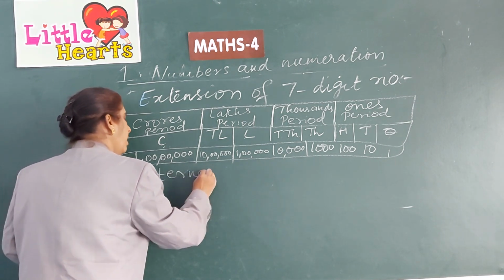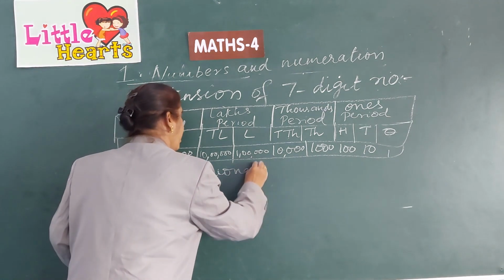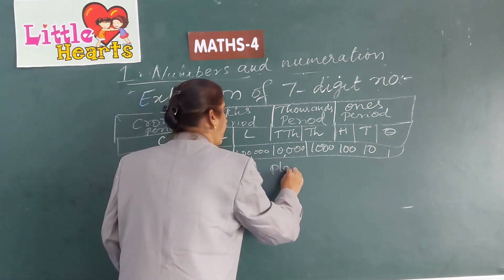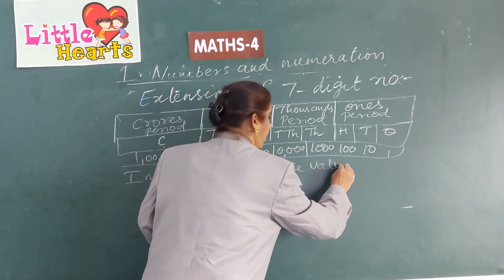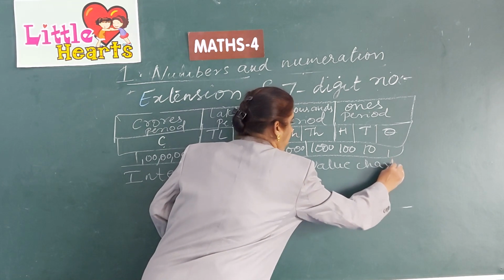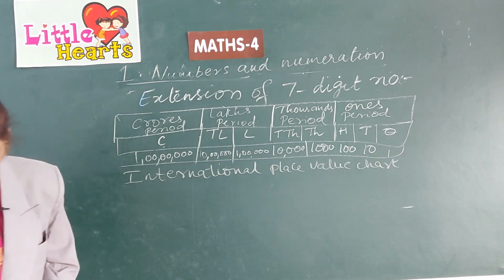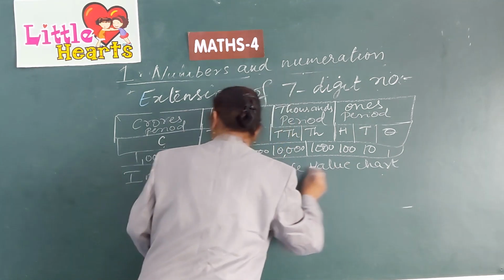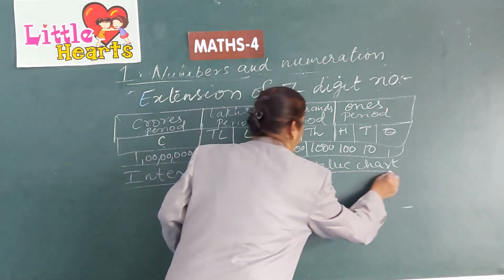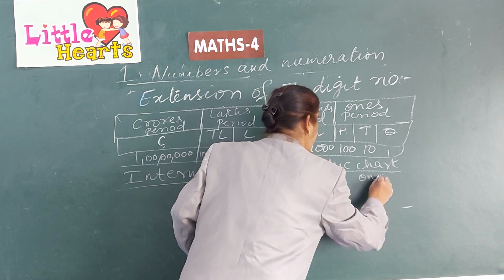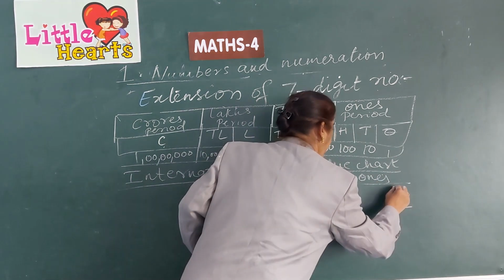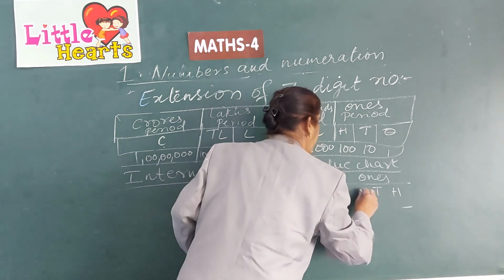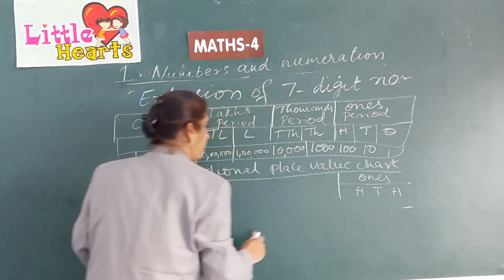International place value chart. Ones period, ones, tens, hundreds.